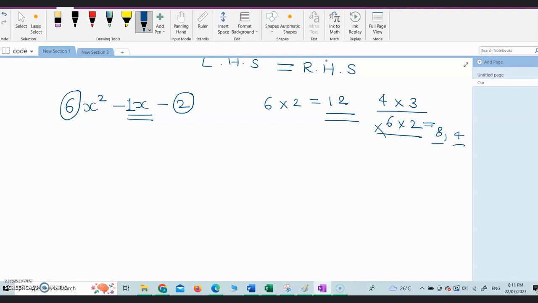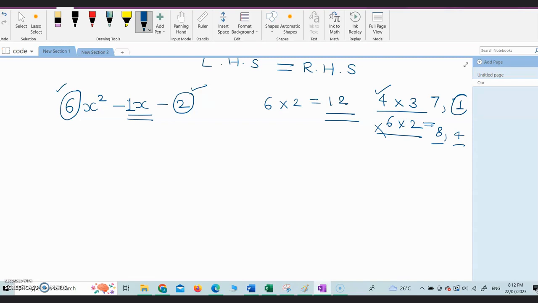Now we will check for this pair. If we add 4 and 3, then we will get 7. If we subtract 4 and 3, we will get 1. So this pair will work for us here in the middle term split method. Remember, you have to first multiply the constant term and the coefficient of x square.